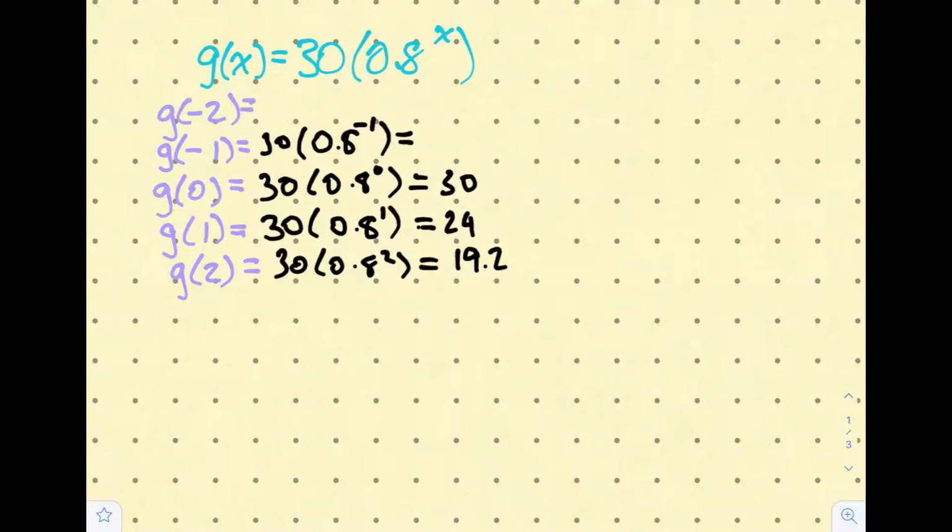Again, order of operations, use your calculator to evaluate 0.8 to the negative first if need be. That's 1 over 0.8, and then multiply that by 30 and you get 37.5.